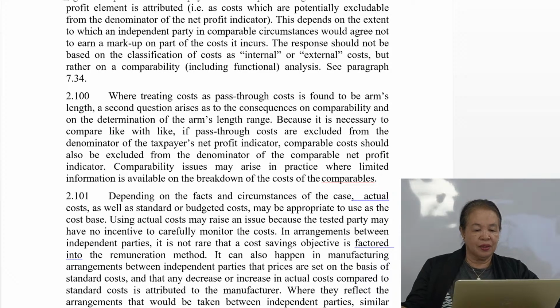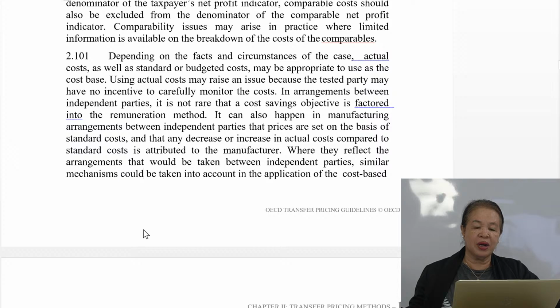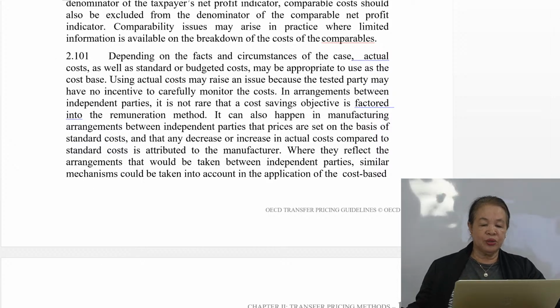No? Using actual cost may raise an issue because the tested party may have no incentive to carefully monitor the cost. In arrangements between independent parties, it is not rare that a cost savings objective is factored into the remuneration method. It can also happen in manufacturing arrangements between independent parties that prices are set on the basis of standard costs.